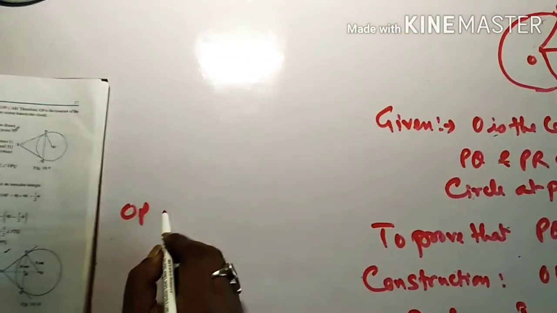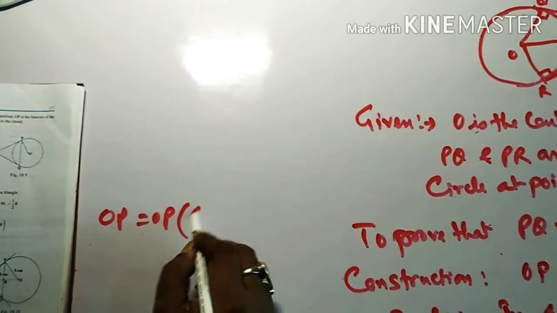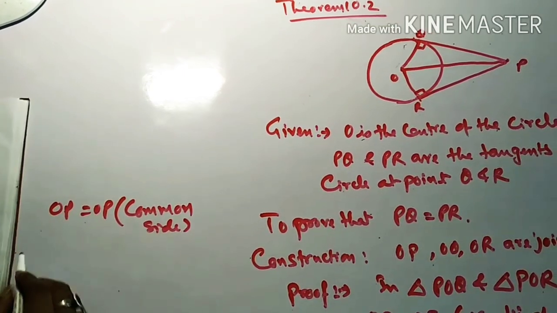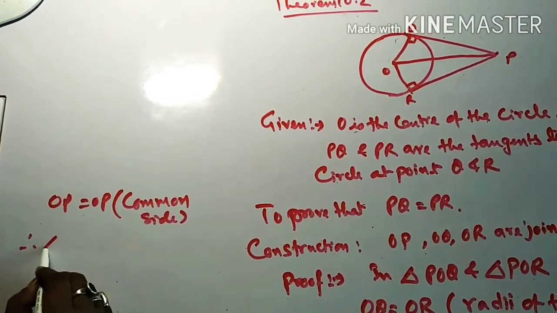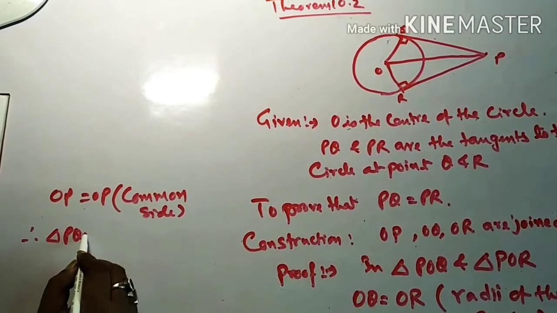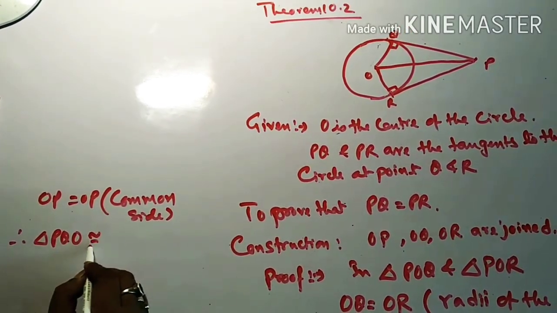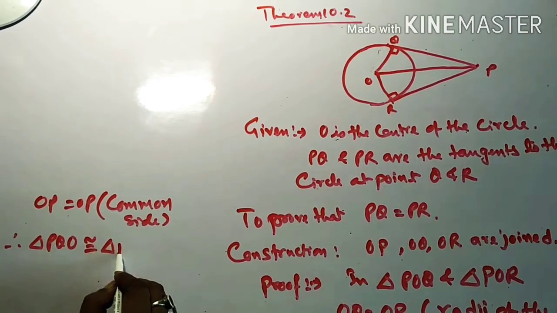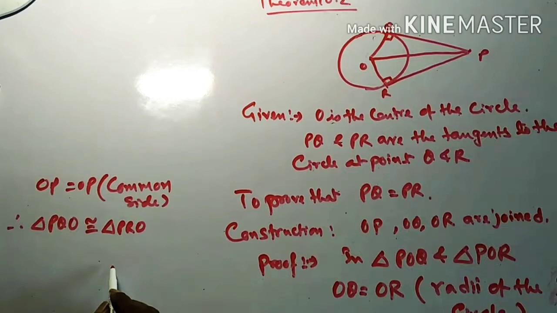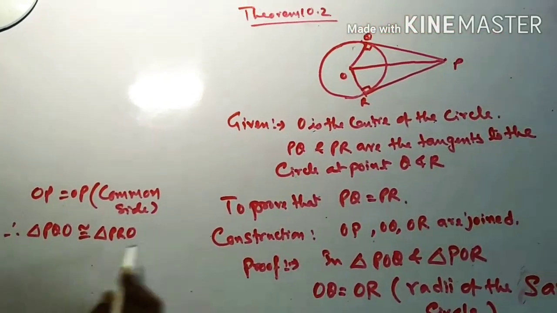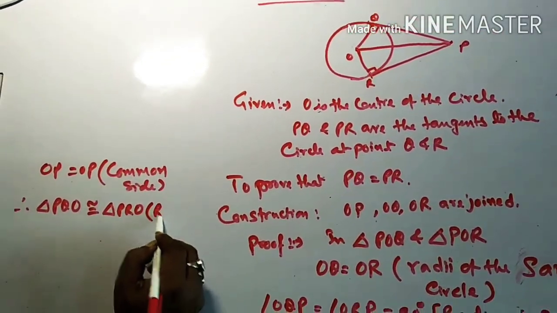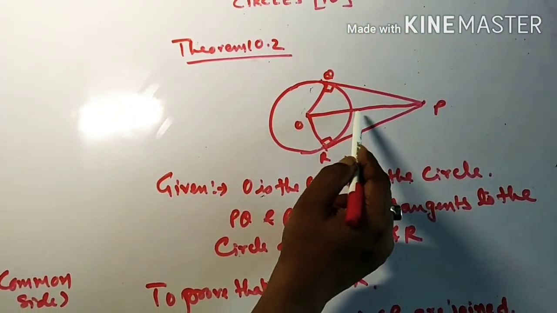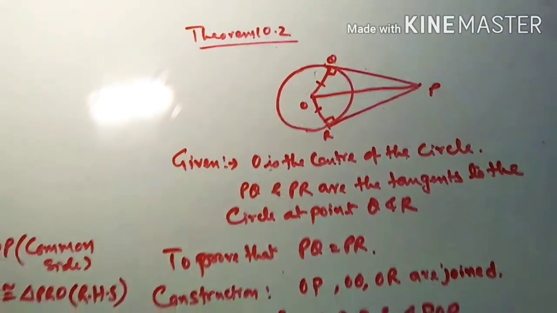And now here, OP is equal to OP. This is the common side. Therefore, triangle PQO is congruent to triangle PRO by RHS: right angle, this is the hypotenuse and this is the side.